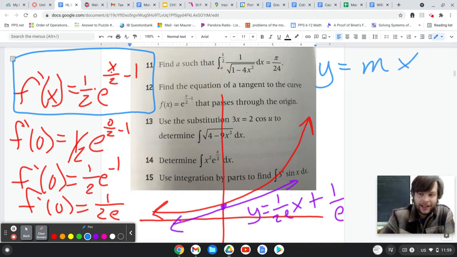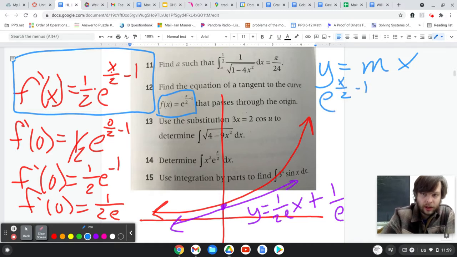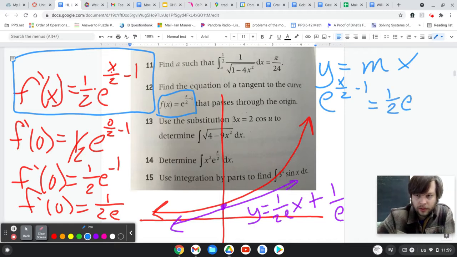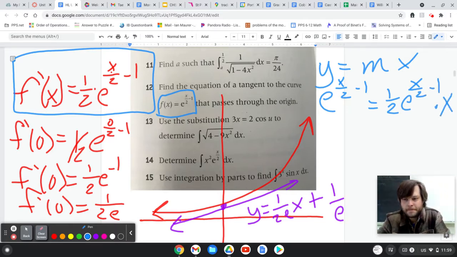And then I need it to pass through the origin, and I need it to touch the curve right here. So I'll plug in the y value of the curve. I'll plug in the m value from our derivative. And the m is multiplied by x. So we have this situation right here.